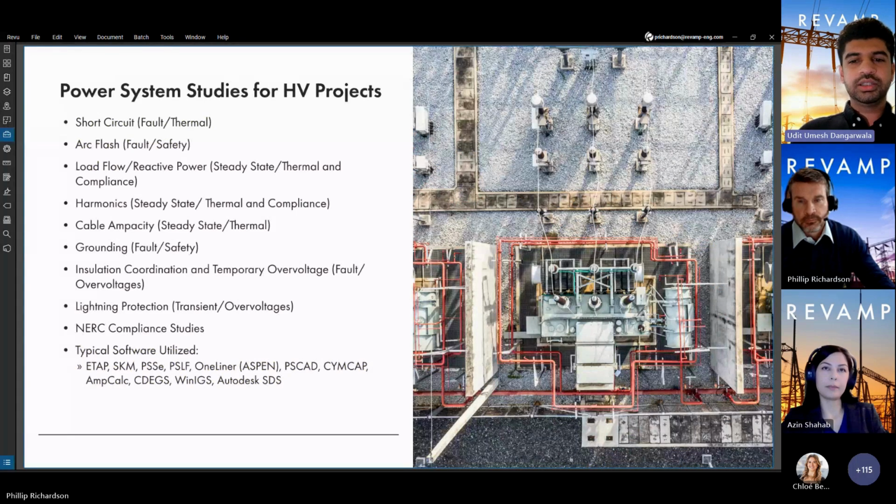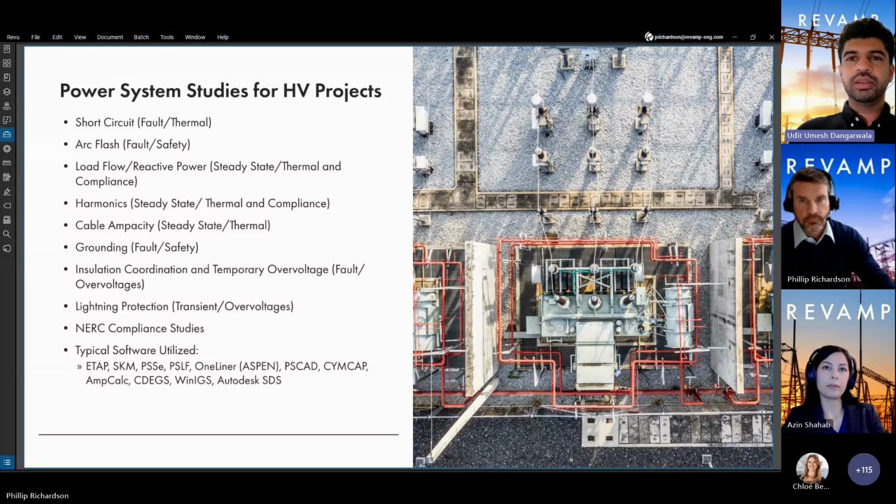This slide shows the list of typical studies that are performed for a HV and substation project. These studies include short circuit analysis, arc flash analysis, load flow and reactive power study, harmonics analysis, cable ampacity study, grounding analysis, insulation coordination and temporary overvoltage study, lightning protection study, and NERC compliance studies.